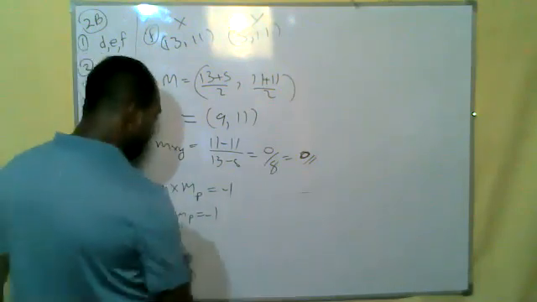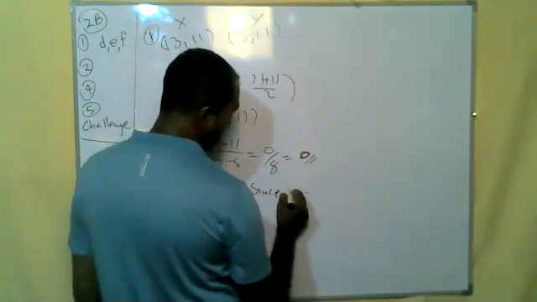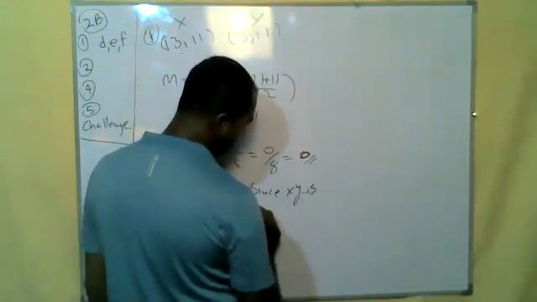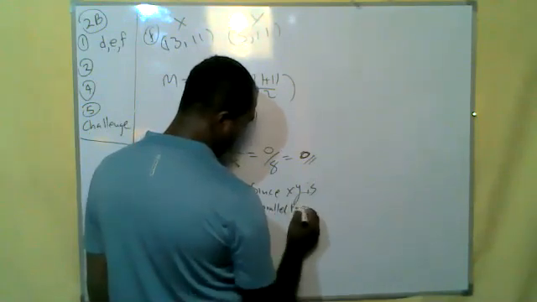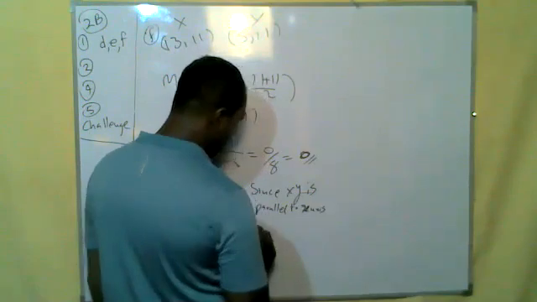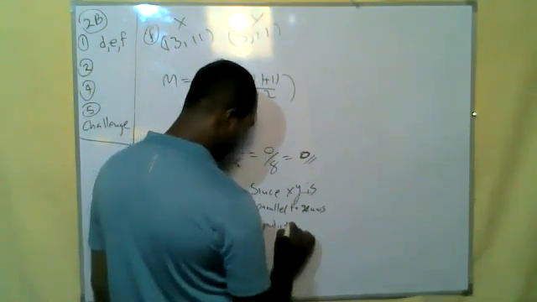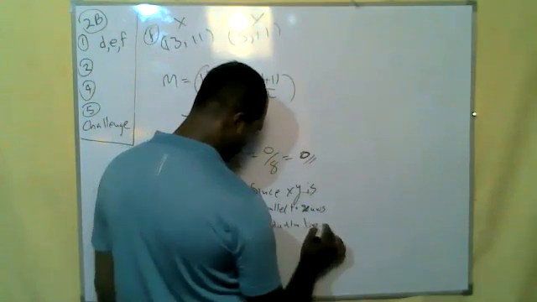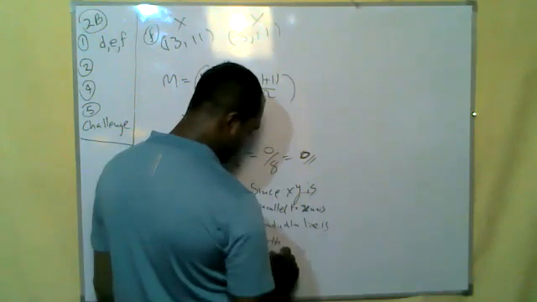So we get to the idea that since XY is parallel to the x-axis, the perpendicular line is parallel to the y-axis.